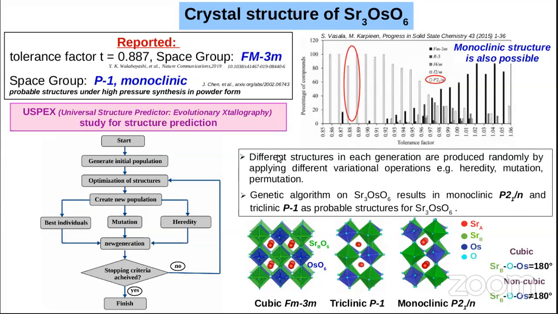To resolve all the controversies, we have applied a genetic algorithm implemented in USPEX to predict the actual crystal structure of Sr2CrOsO6 theoretically in a more accurate manner. Applying this technique, we get that monoclinic and triclinic are the most probable structures for Sr2CrOsO6. So this is the cubic structure, which is already reported, this is the triclinic structure, and this is the monoclinic structure that we get from our USPEX study.